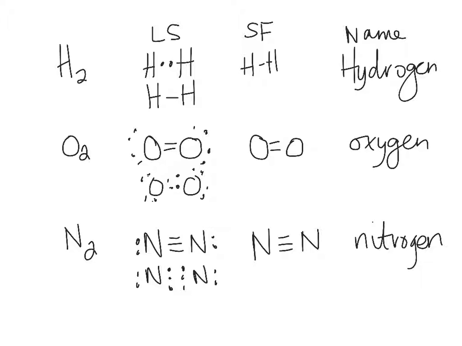Which number is it? 2.1. So 2.1 minus 2.1 is 0. What's the electronegativity of oxygen? 3.5. 3.5 minus 3.5 is 0. So that's how we get the difference in electronegativity.